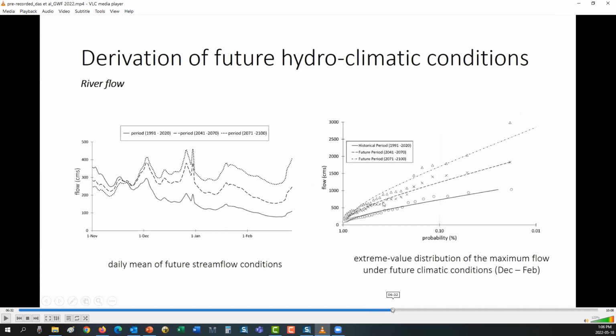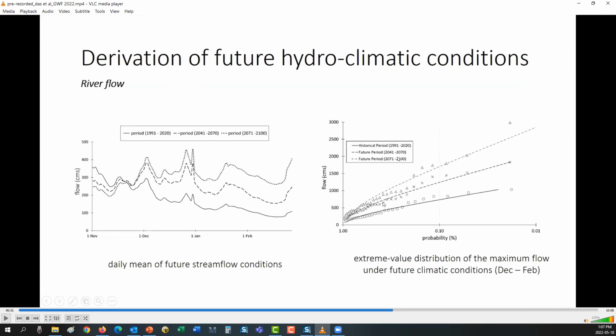Here are some of these flows, and this is quite interesting. These are frequency distributions. We can see that the probability of our flows is actually increasing over time.